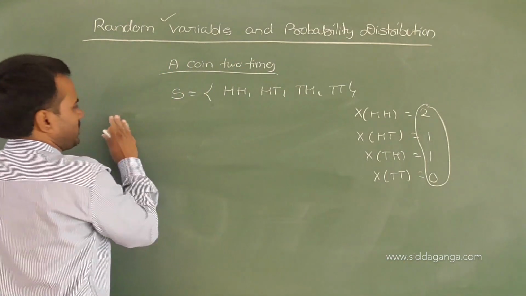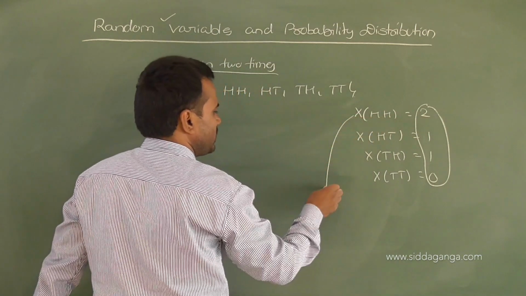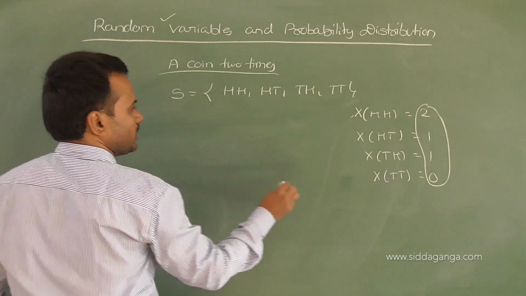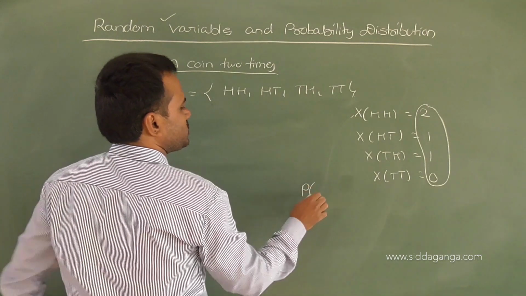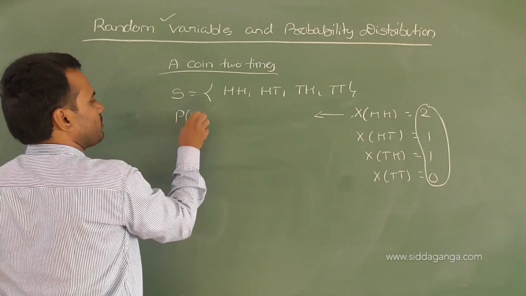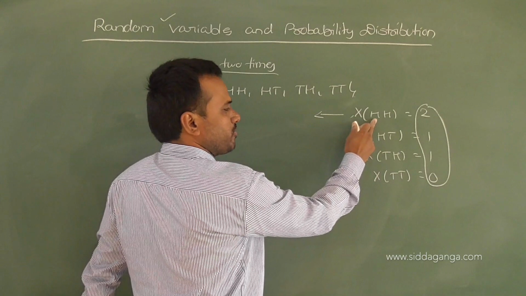What about the probability distribution? For each random variable, we find the probability value. Probability of X equal to 2: how many favorable outcomes are there?